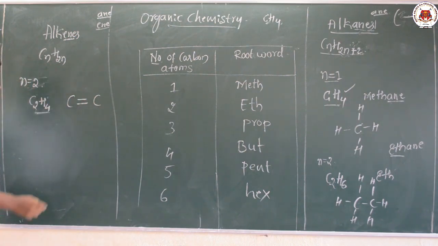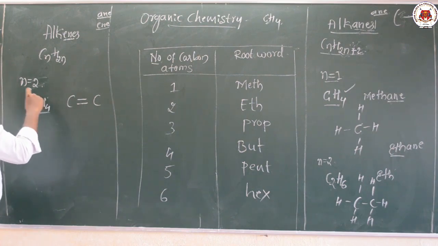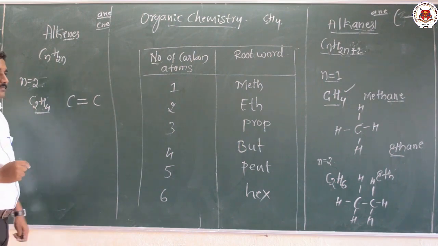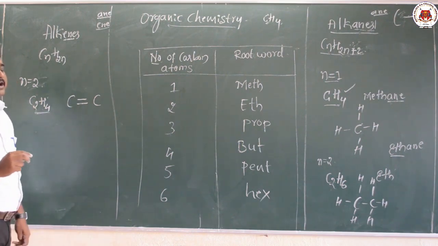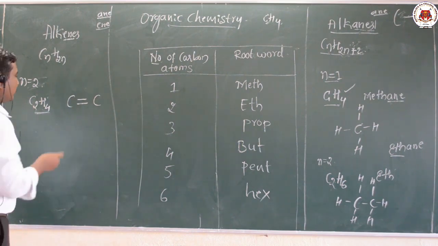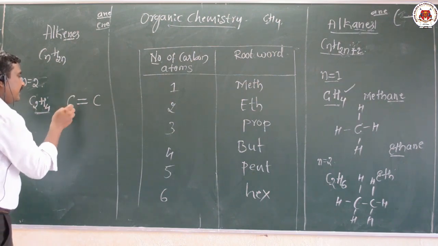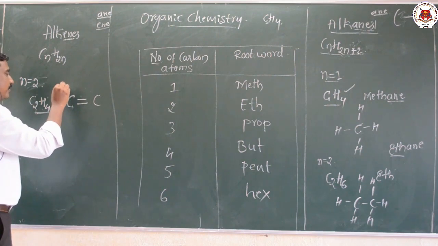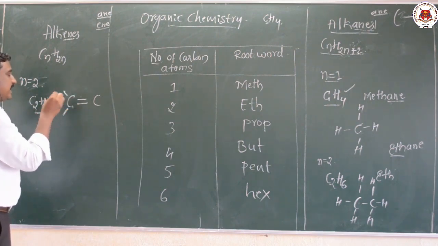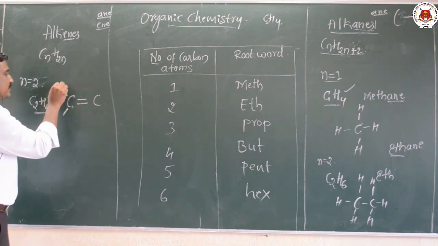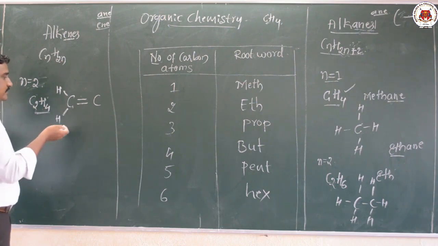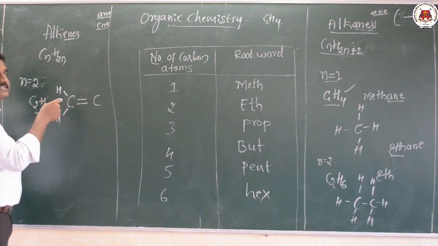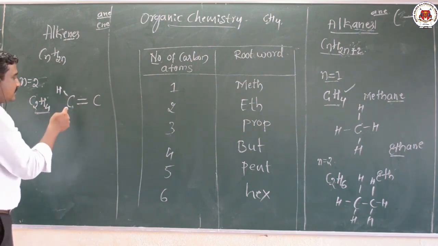Okay. Now we have how many hydrogen atoms? There are 4 hydrogen atoms. You know the valency of the carbon atom. Each carbon should have 4 valency. So already this carbon has 2 bonds, so you have to satisfy this carbon atom by writing 2 bonds using the appropriate number of hydrogen atoms. Now this carbon satisfied its tetravalency.